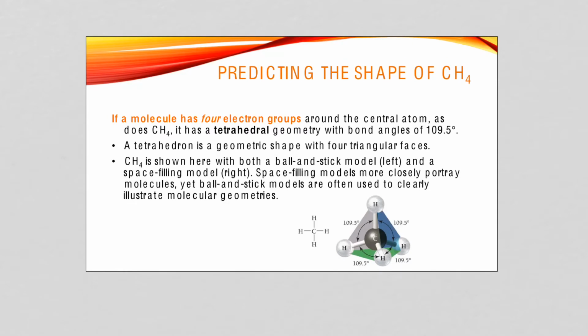Now, if we keep moving up to 4 bonds, so if a molecule has 4 electron groups around its central atom, we call that tetrahedral geometry. And the bond angles, turns out the maximum they can get is to be about 109.5 degrees. So it looks something like this, where we have our central carbon here, and these things are spread out.